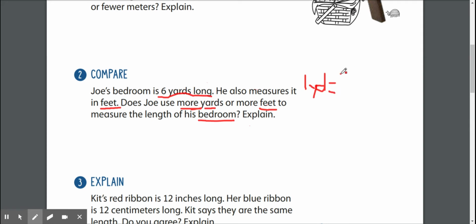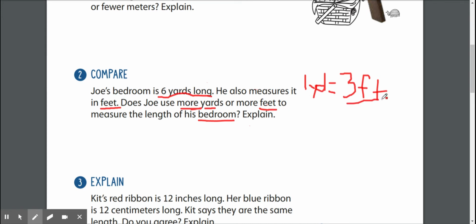That's right, 3 feet. So if I'm looking at this, a yard is much bigger than a foot.